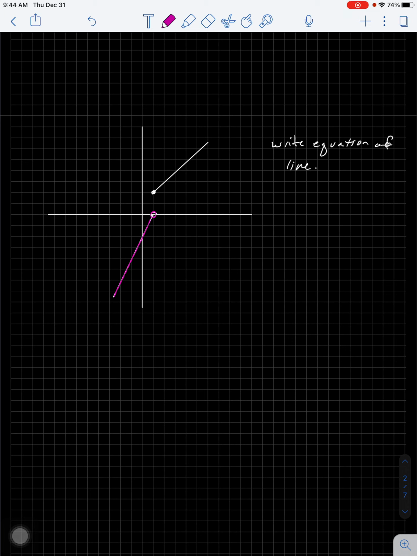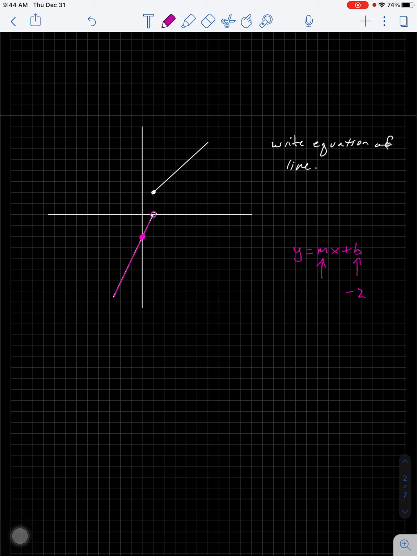So when I'm writing the equation of a line, I am using this formula. This is my slope, and this is my y-intercept. So in order to write the equation of a line, I need to first figure out where it crosses the y-axis. Well, that's happening right here, and that point is -2. So this b value is going to be a -2. And then I need to figure out the slope.